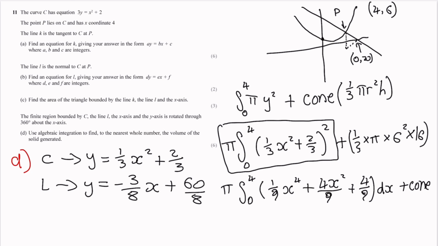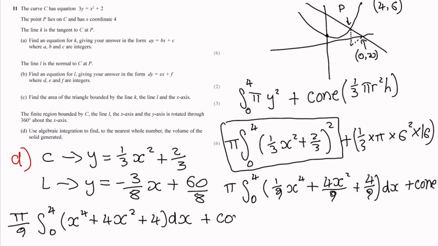To make this a bit simpler, we can take out 1/9 as a common factor, and because it's a constant, we can bring it out the front of our integration. So we've got pi over 9, pi times 1/9, integrating between 4 and 0, x to the power 4 plus 4x squared plus 4 dx. You don't need to take out the 1/9, but it will make it a little bit easier to integrate, and then plus the cone, the volume of the cone on the end.